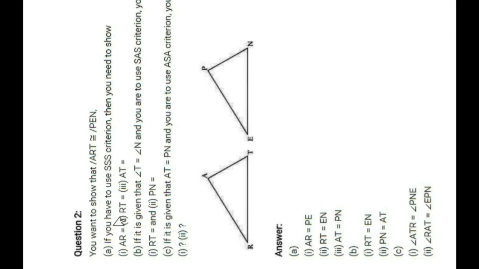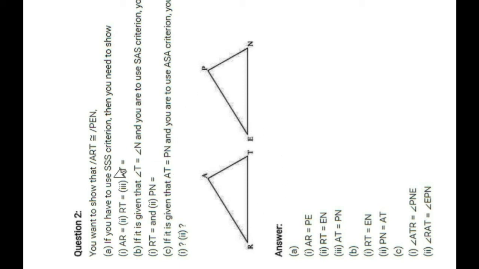Now question number 2. You want to show that triangle ART is congruent to triangle PEN. Now children, here the symbol of triangle is not printed properly, so use the proper symbol for triangle here. Now see here two triangles ART and PEN.